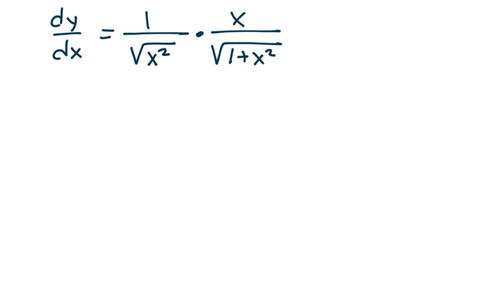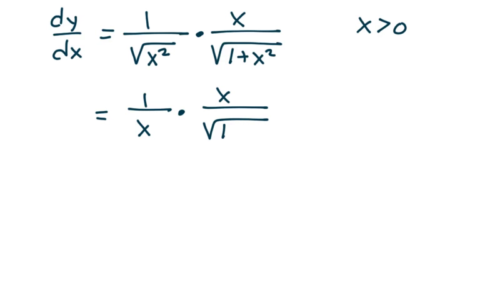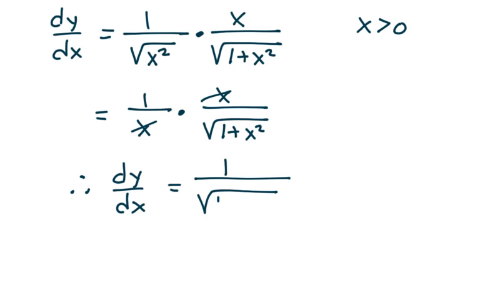Now, x is positive, and so this is 1 over x times x over the square root of 1 plus x squared. The x's cancel, and therefore dy/dx is 1 over the square root of 1 plus x squared.